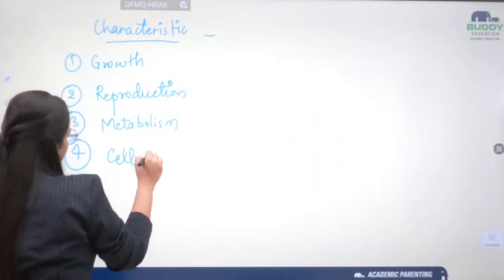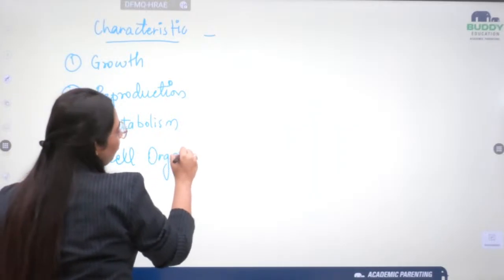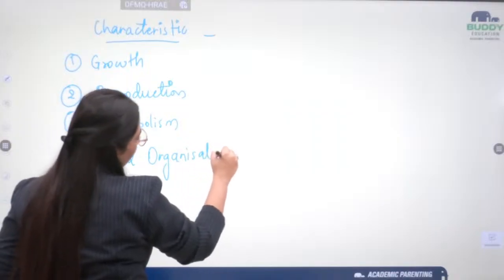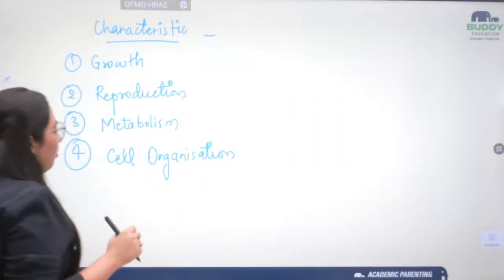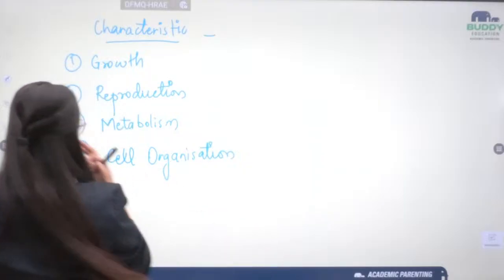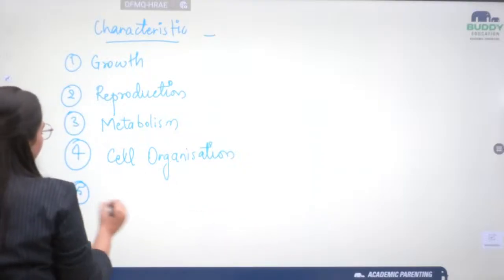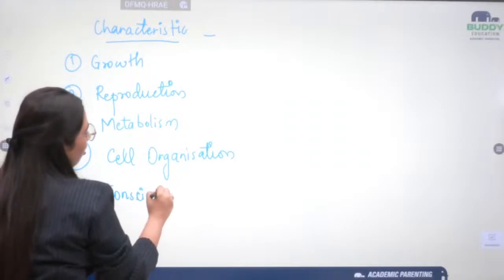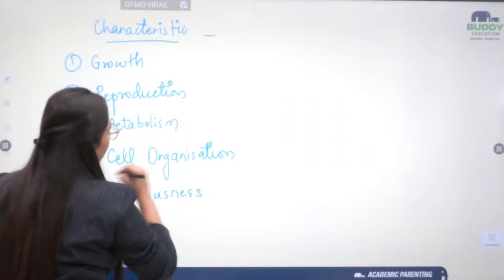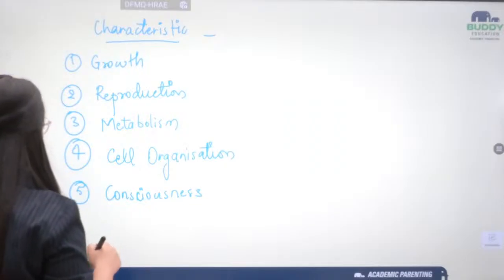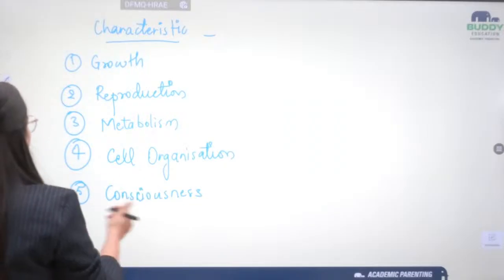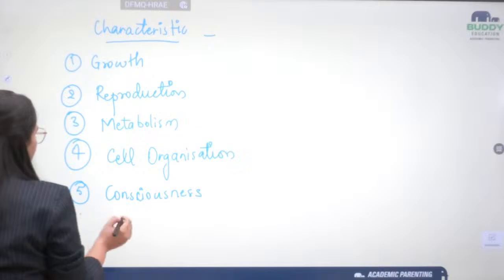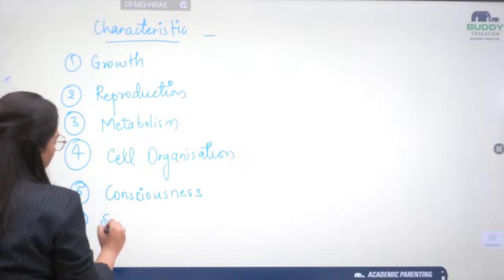I guess most of the words you are already familiar with, but a few words I have to explain in a better way. So 4th is cell organization. Then we have consciousness. And we have respond to environment, sense to environment.